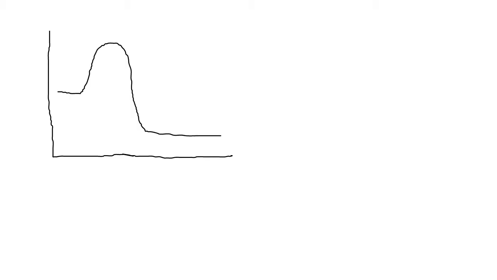So if you have a free energy graph that looks like this, okay? And let's just add a couple things. You see the reactants are over here, and the products are down here.